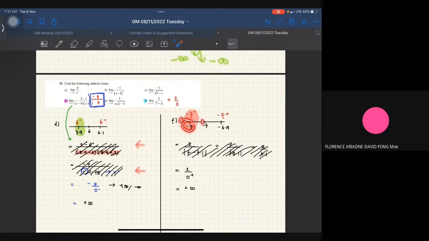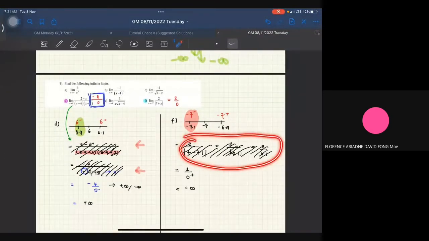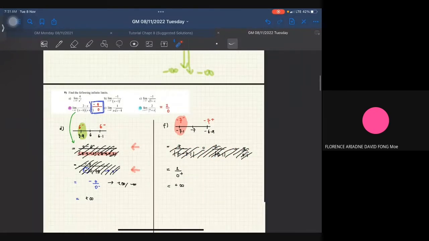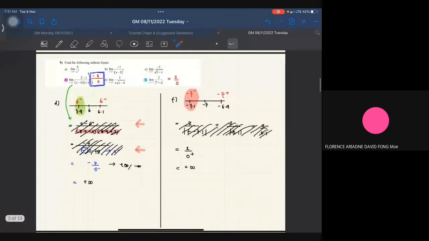Okay, so we are interested to know that when X comes very, very close to negative 7 from the left, dia pergi ke arah mana. So kita just ambil satu nilai yang kita rasa lagi kecil sahaja daripada negative 7. Okay, so that's why you cannot include these lines into your solution. Tak boleh. Ni kena buang. Padam balik. Okay, so boleh faham ke explanation saya for question number 9?